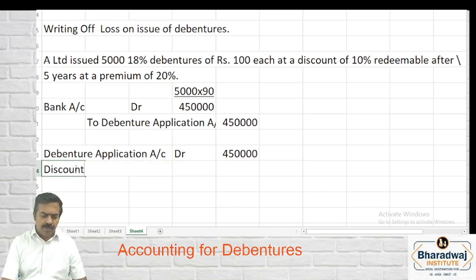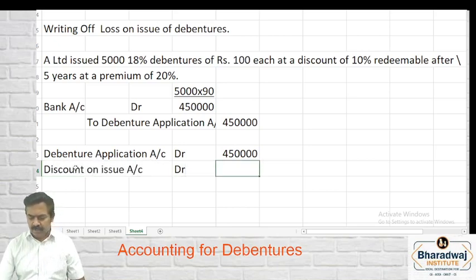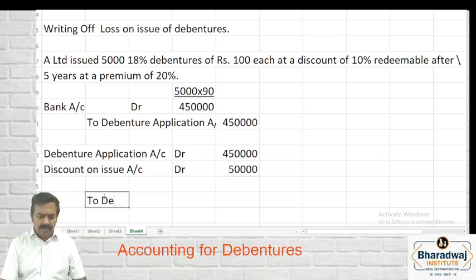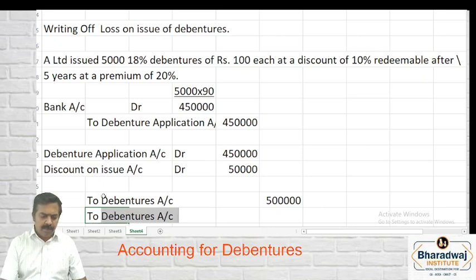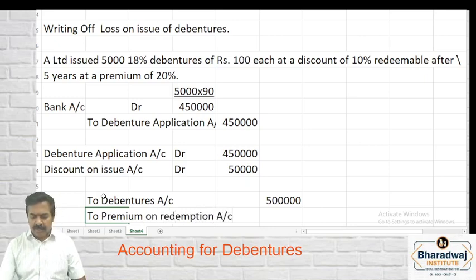There is a discount on issue. How much discount on issue? 10% of how much? 50,000. To debentures account will be how much? 5 lakhs. We promised a premium on redemption also. What is the premium on redemption promised? 20%, how much will it come to? 1 lakh.